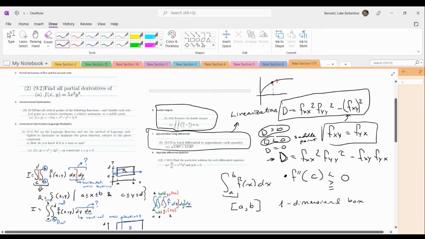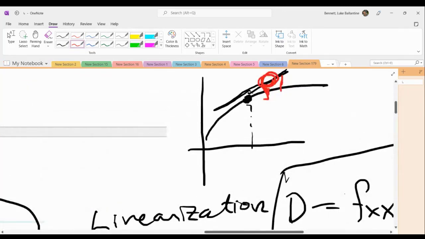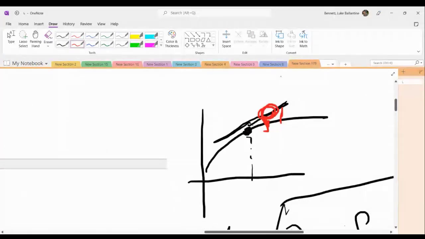So what we're going to do is we just draw a tangent line, and then we use the tangent line to approximate the value of the function. So we look at this value and we say, okay, this is close enough.